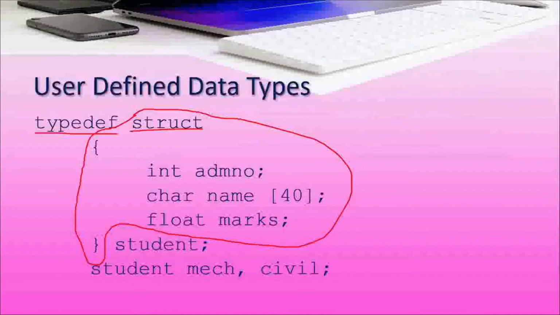Actually it is not a keyword, it is just a string. If you use the string student inside the same program, then obviously it will be related to this particular structure. So then student mech civil. We avoided using the struct keyword here since we used this typedef.